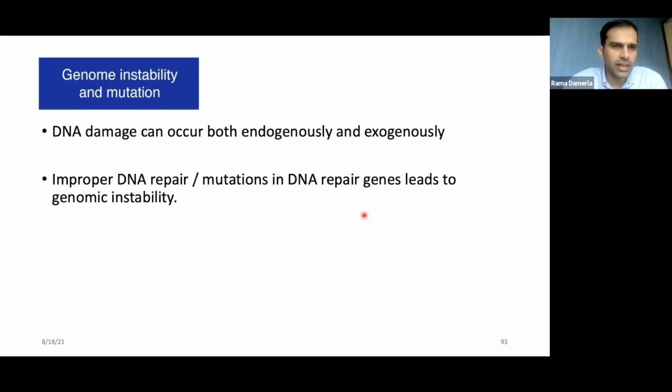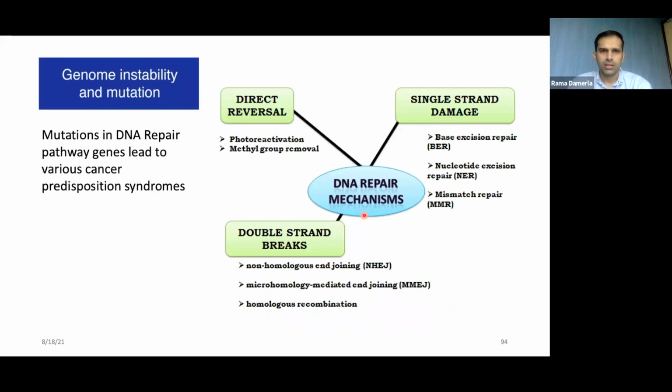So DNA damage can occur both endogenously and exogenously, and improper DNA repair or mutations can lead to genomic instability. There are numerous DNA repair mechanisms, based on the kind of damage. If there is just exposure to UV, then there is direct reversal, so there's photoreactivation or methyl group removal.